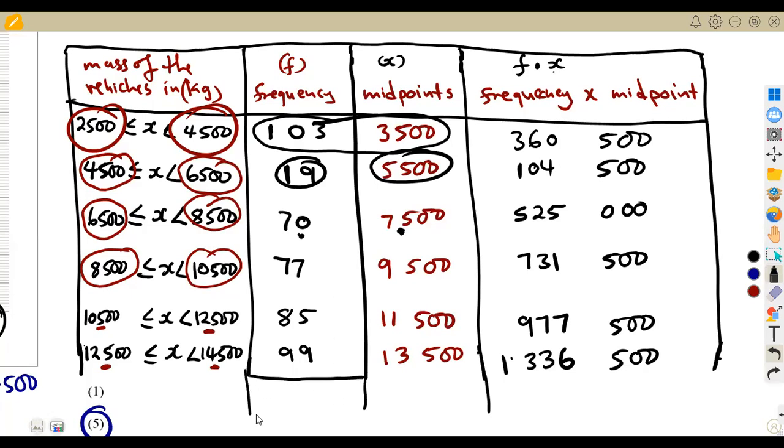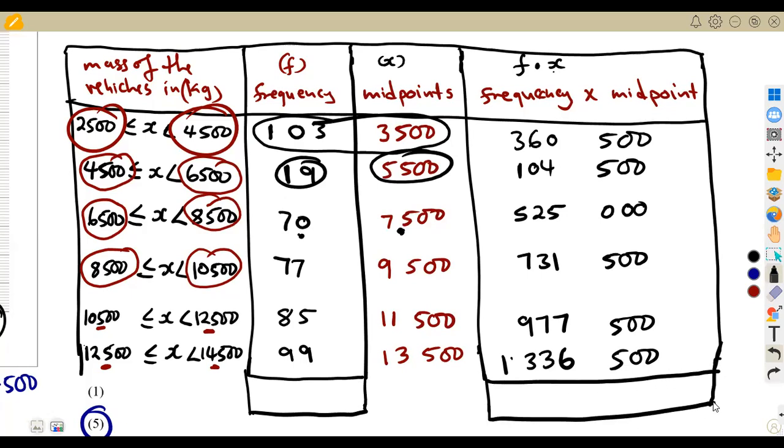Here, there's no need for us to have any total on this part, right? So here, we're going to find the sum.